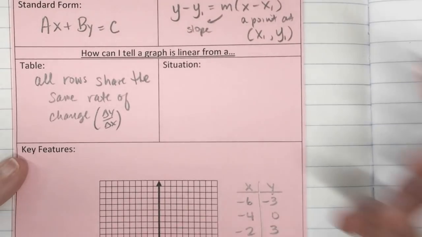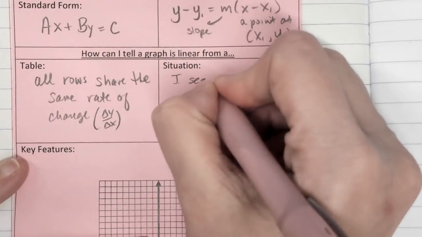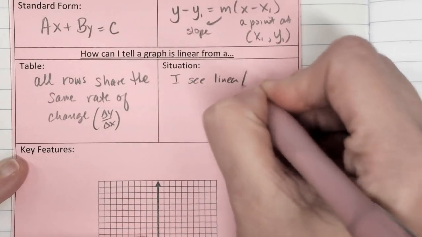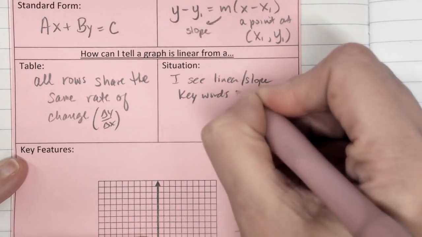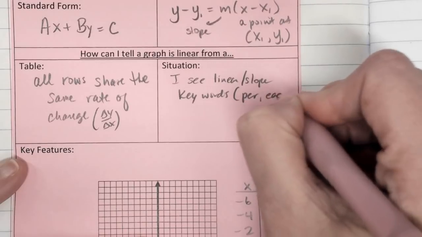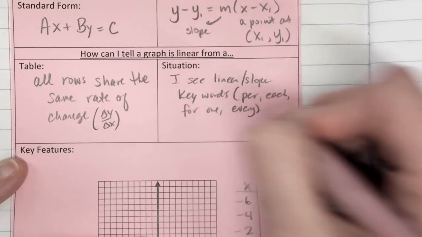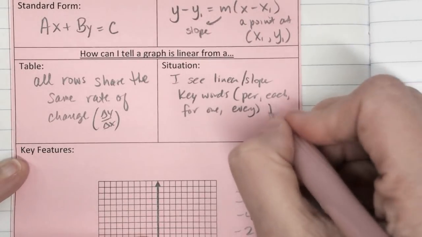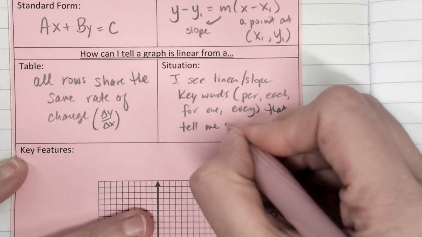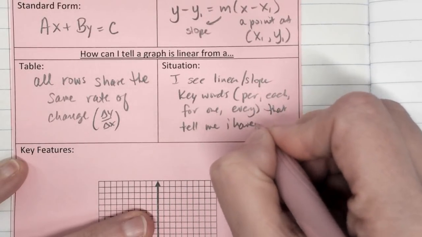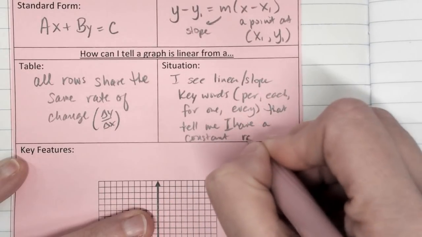I can also tell from a situation because if I see those linear or slope keywords like per, each, for one, every, those are the words that tell me that I have a constant rate.